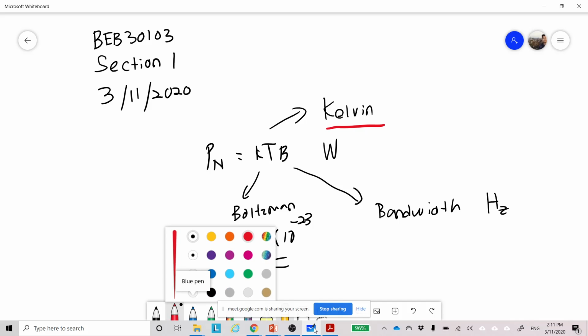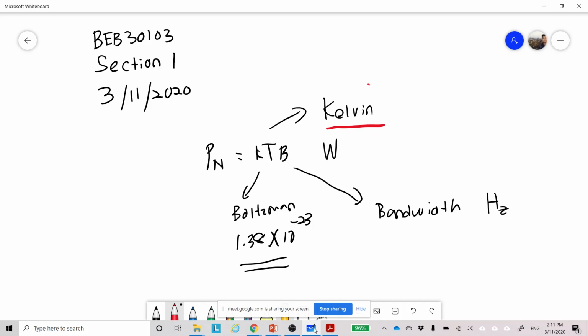Okay, mestilah dalam sebutan Kelvin. Okay, tidak boleh dalam sebutan Celsius. Okay, remember that I told you before, in order to change from Celsius to Kelvin, so you need to plus with 273.